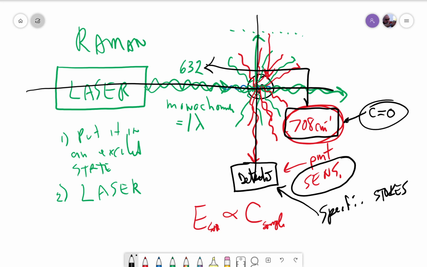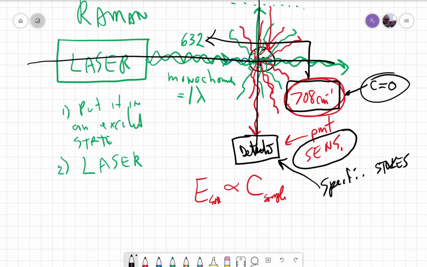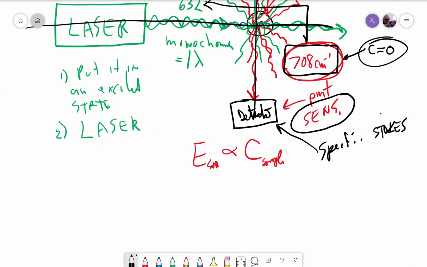So if you know the input energy and you observe a Stokes emission, that Stokes emission can be tracked back to the specific vibrational mode of a molecule. We can therefore do highly specific quantitative analysis at extreme sensitivity because of the geometry and the use of a highly sensitive detector.